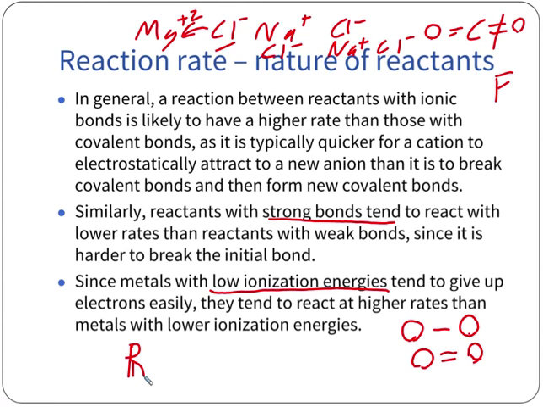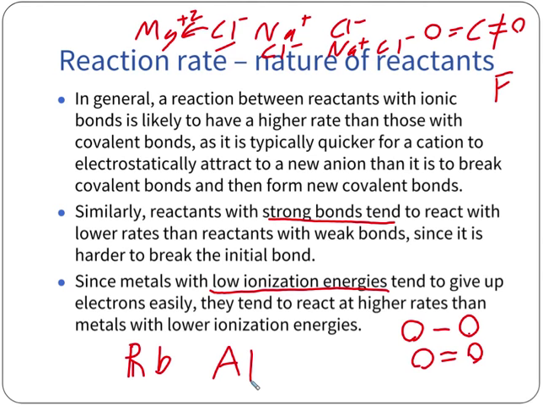Let's say we had rubidium, with a very low ionization energy. Rubidium holds on to electrons very loosely. It's going to react typically quicker than something like aluminum, which holds on to its electrons much tighter. And so low ionization energies tend to mean high reaction rates. High ionization energies for metals tend to indicate a lower reaction rate.